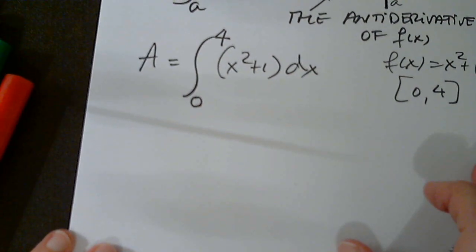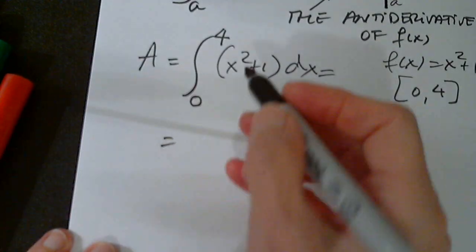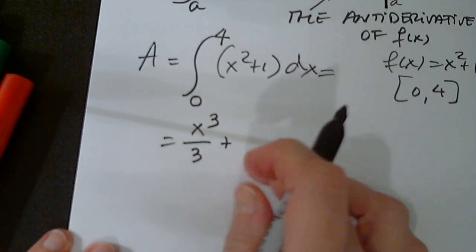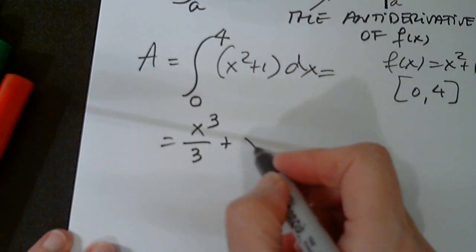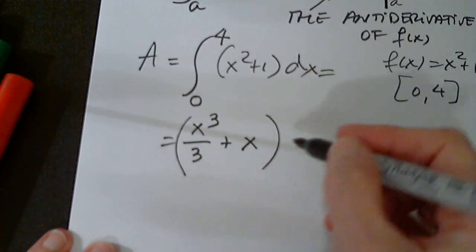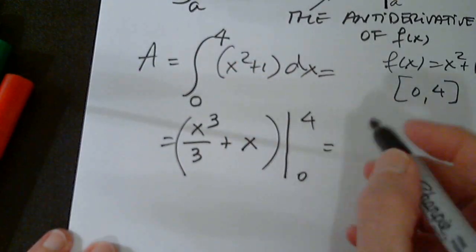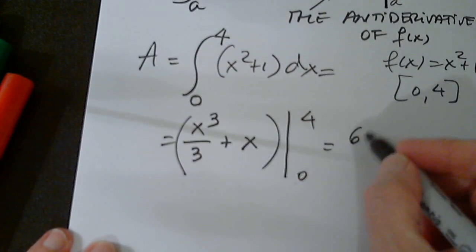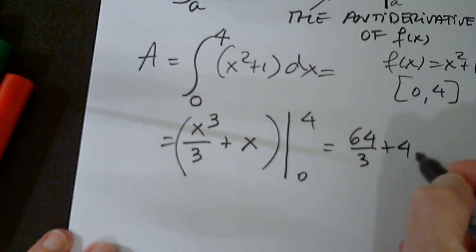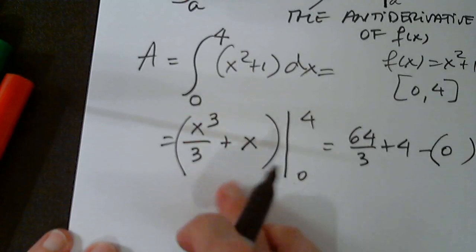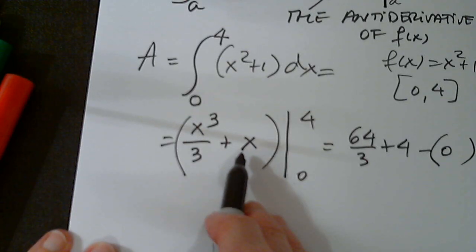Now it's a piece of cake. Which function's derivative is x squared? X to the third over 3. Which function's derivative is 1? X, put it in parentheses, vertical bar from 0 to 4. I plug in 4, I have 64 over 3 plus 4. When I plug in 0, minus when I plug in 0, everything is 0.